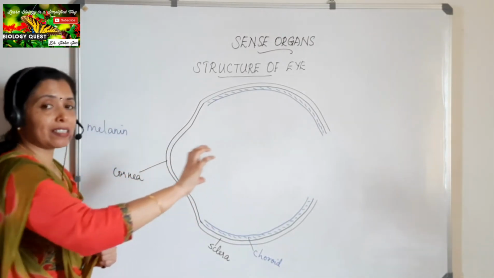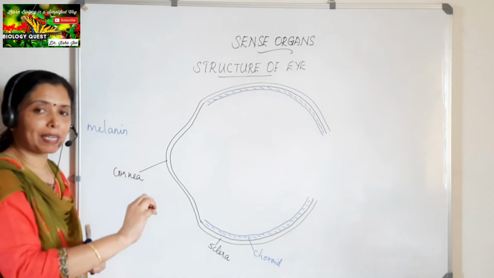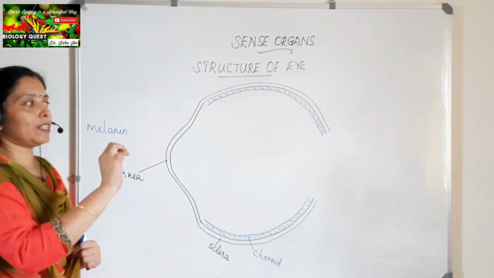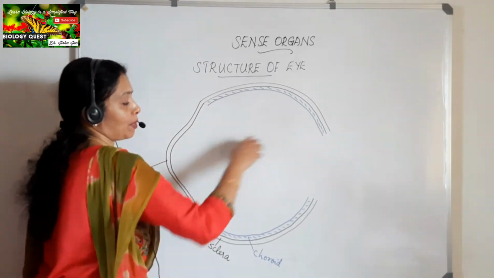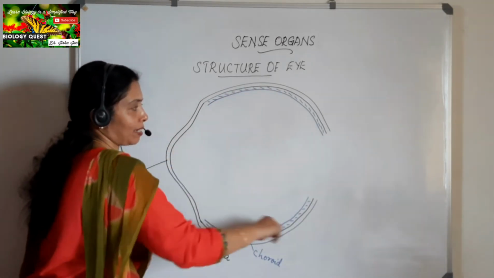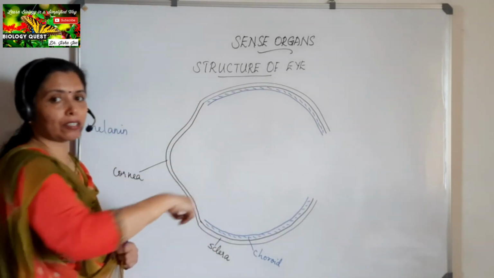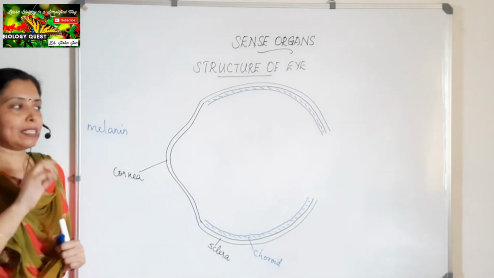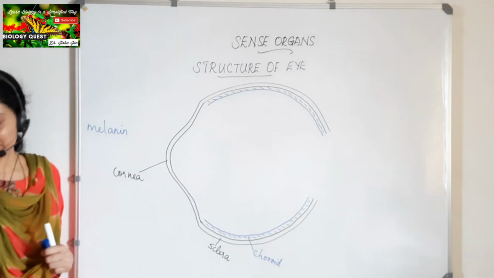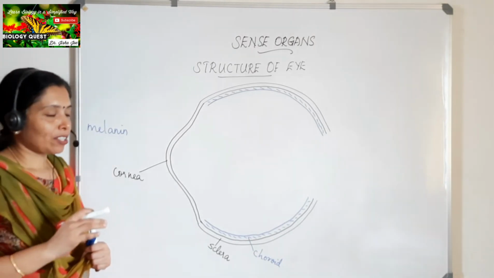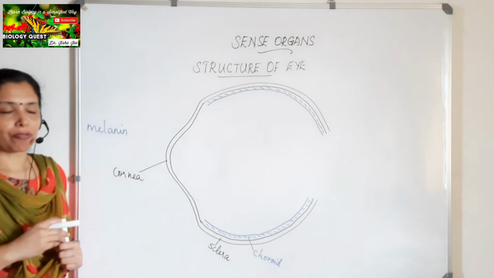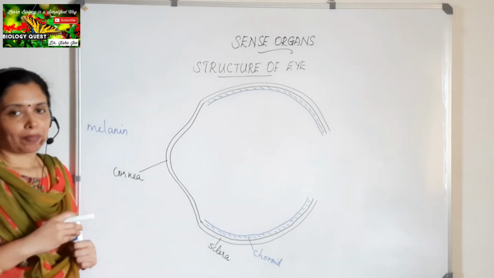Otherwise, the light will reach here, then it will reflect and get scattered throughout the eye. It is due to the melanin pigment that the reflection and scattering of the light rays within the eye is prevented.